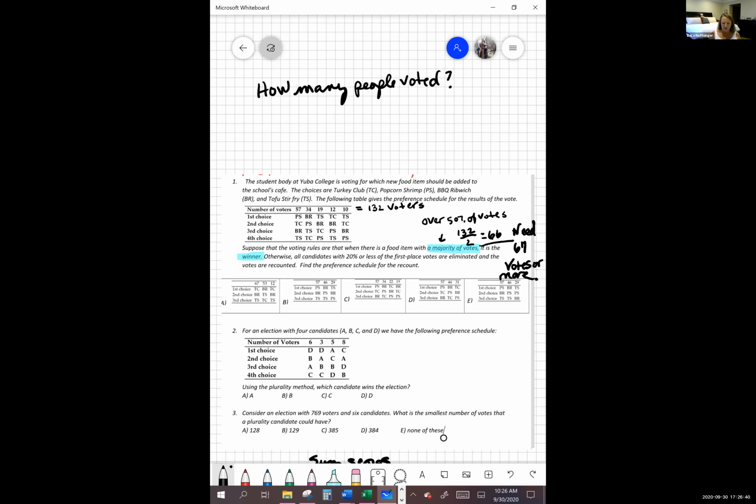Okay, so we want to go through and see if any candidate had 67 votes or more. Candidates are the food choices. So maybe let's look at Turkey Club first.